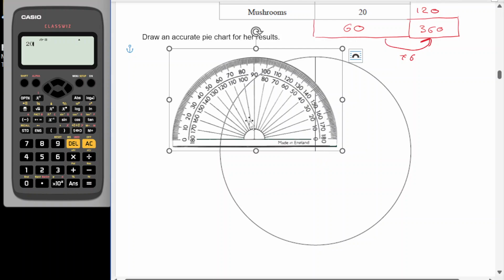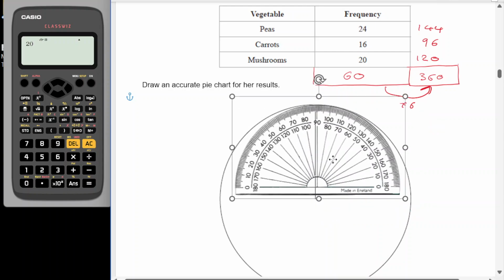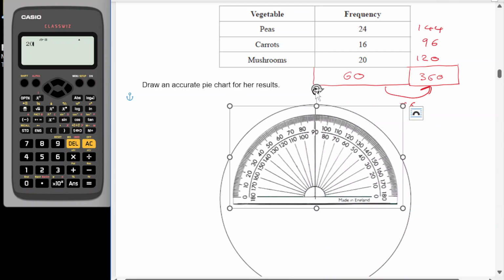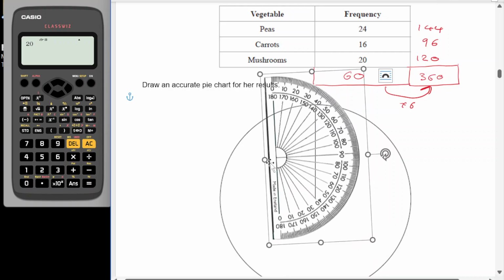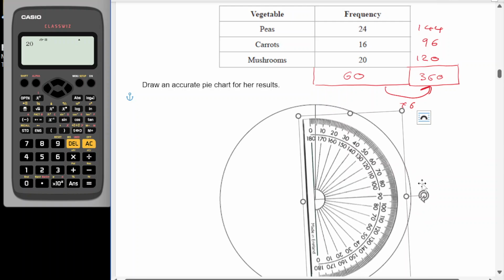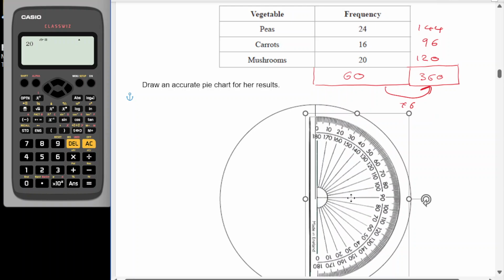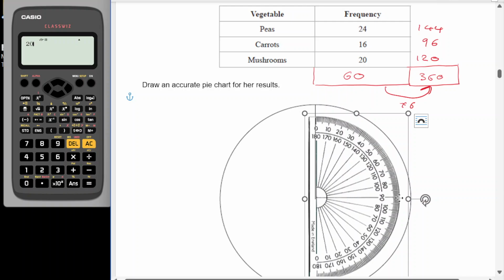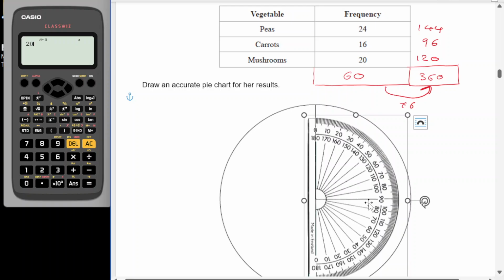Okay, so the first angle that I need to measure is 144. So I'm going to place my protractor on the end of the angle. This is going to mess it up slightly, but you'll get the feeling. So I'm a little bit out there. So I need my 0 line to run along this line here. And then I'm measuring 144.